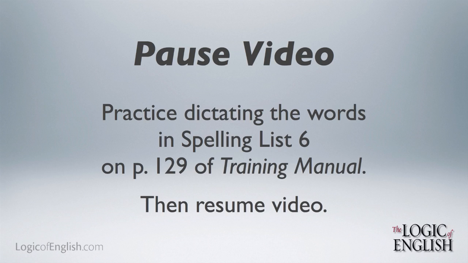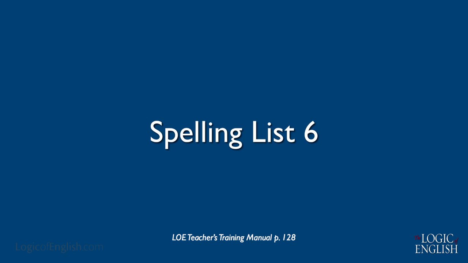Then you can come back, turn the video back on, and we'll do the list together. Welcome back. I'm sure you have a few questions when you got to the end of Spelling List 6. We will address those in a few moments, and we will lean heavily on morphology to answer those questions.